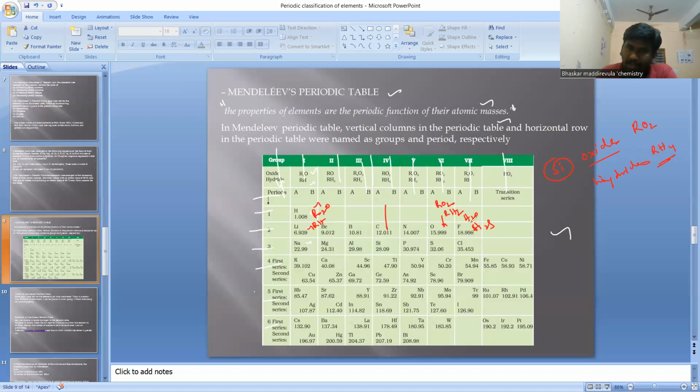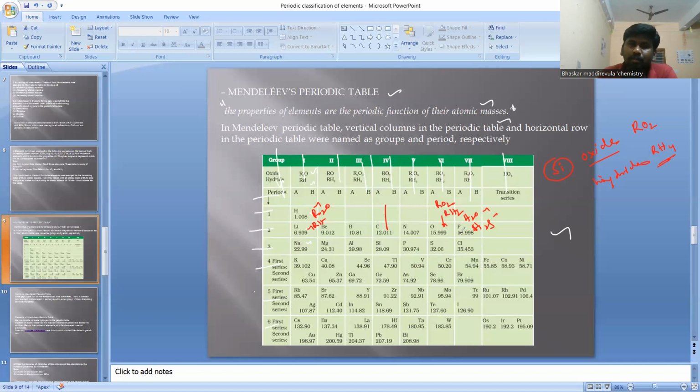So those elements were grouped in one group. The elements which show similar properties, he made one group. So these are the main features of Mendeleev's periodic table.